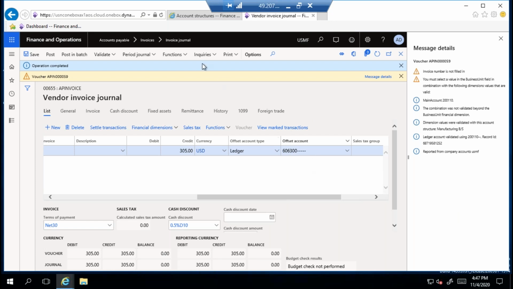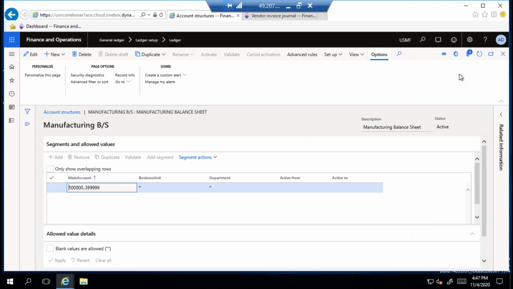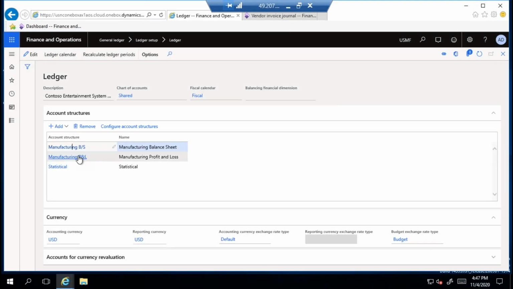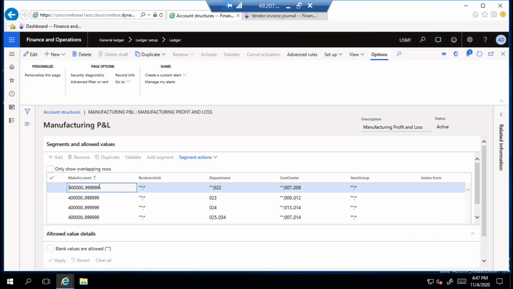The reason for 606300 is that it is in another structure. In this structure we have not made any mandatory fields, so you are allowed to make them optional.